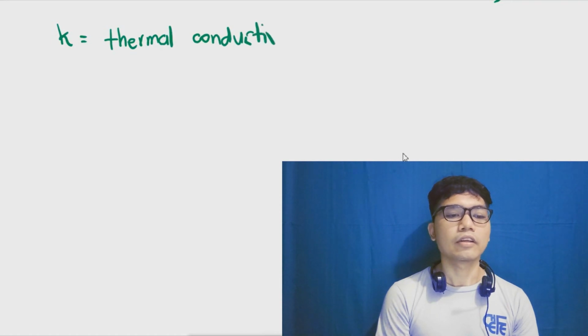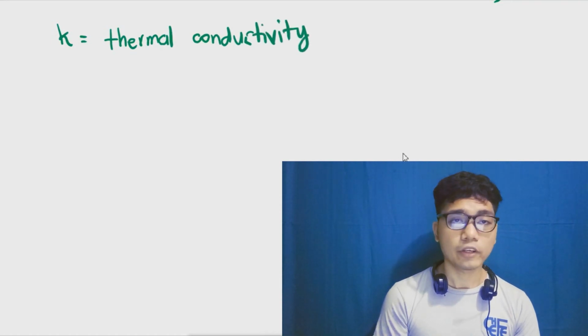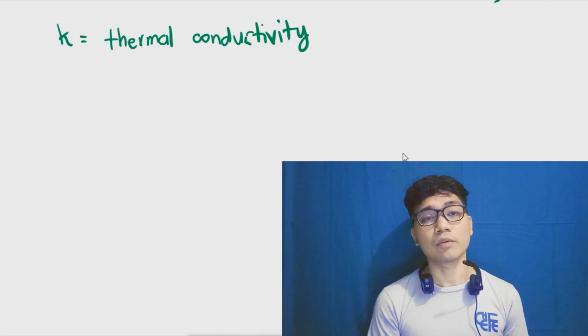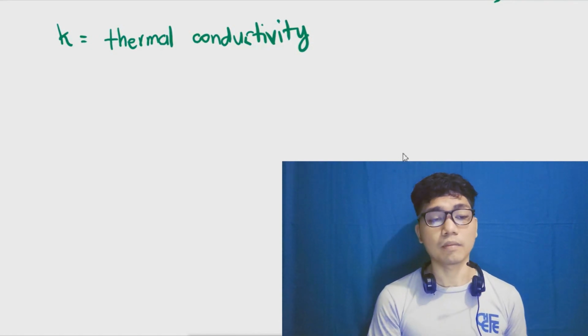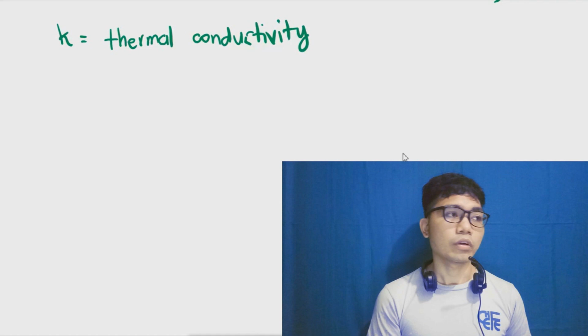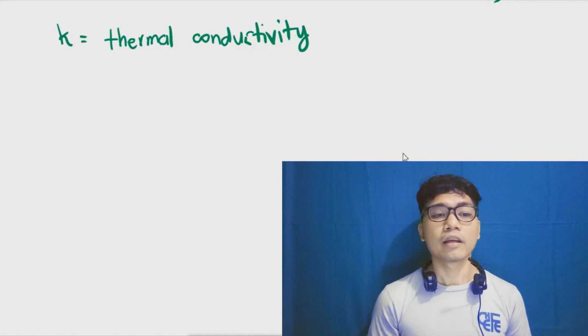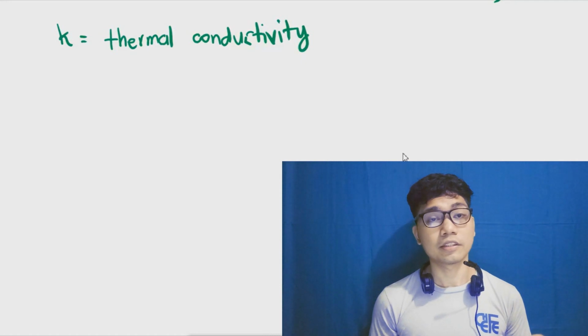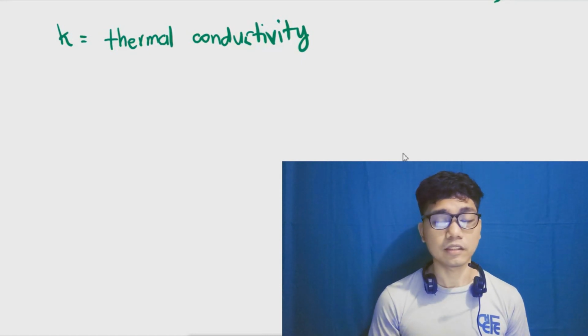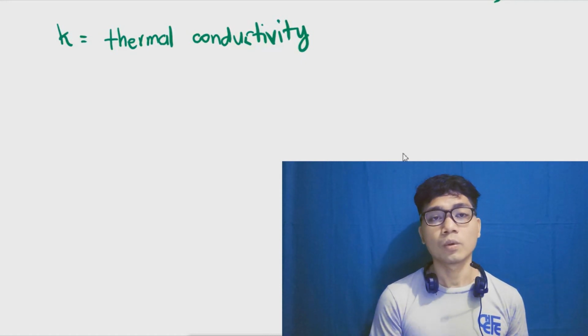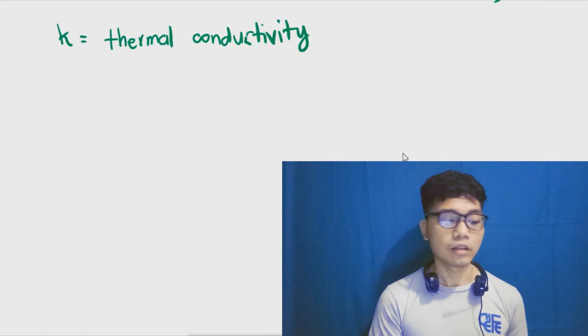conductivity. This is a property of a material, something like density, which is intrinsic to our materials. So, no matter how thick or long it is, thermal conductivity will still stay the same. Okay, since this is an intrinsic property. So, remember, your intrinsic property doesn't change with the amount or the size of the material.